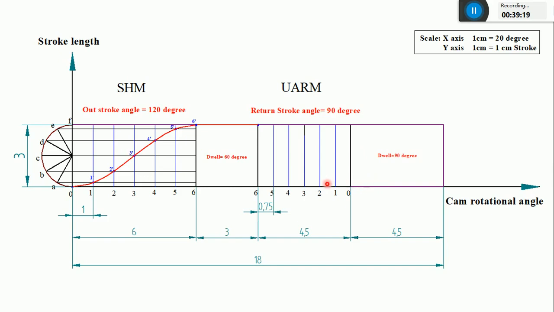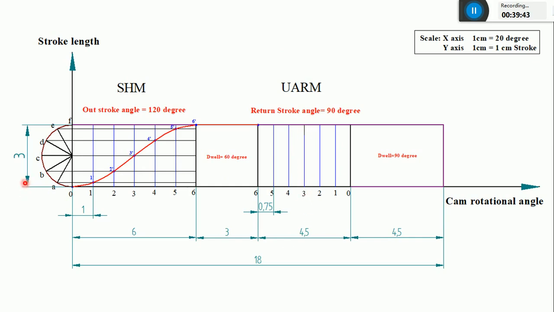So first, for that, out of these 6 vertical lines, that is 6, 5, 4, 3, 2, 1, 0, I'll take the middle one, that is the third vertical line. Please zoom this area so that it will be clear. What is the height of this middle vertical line?